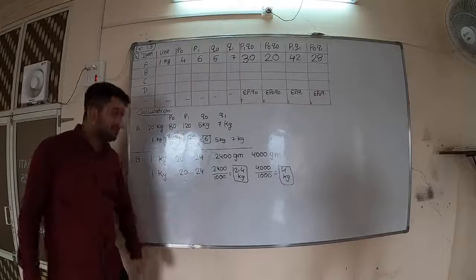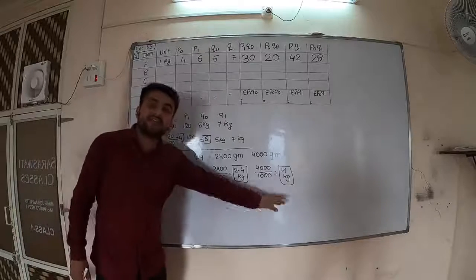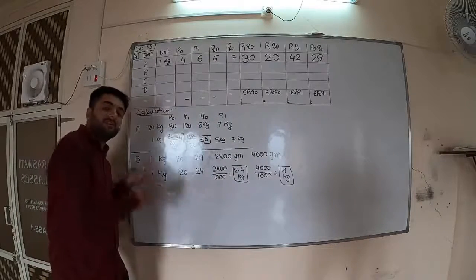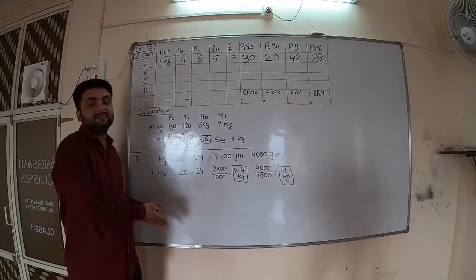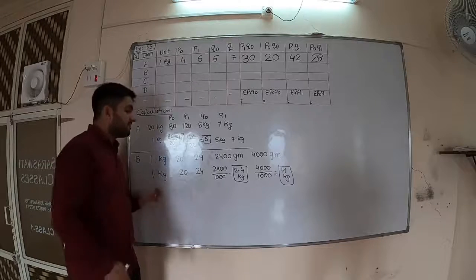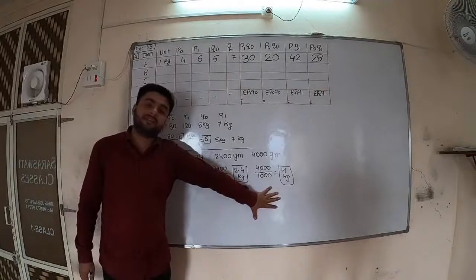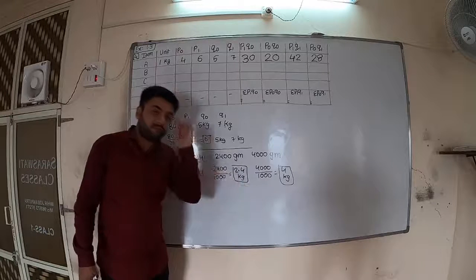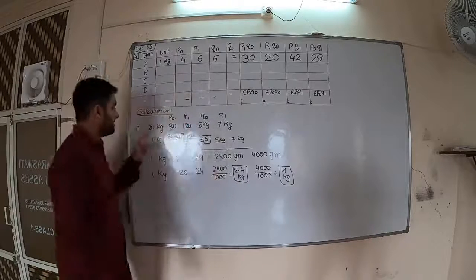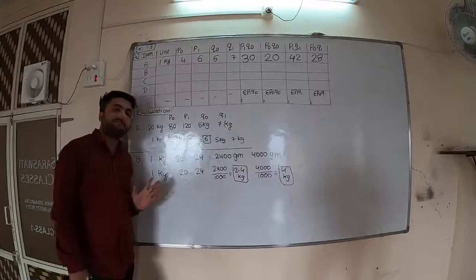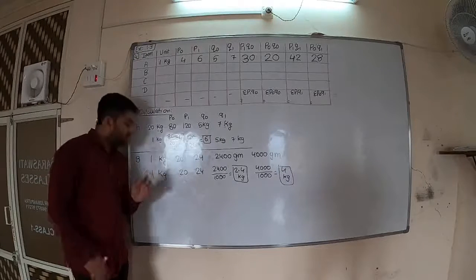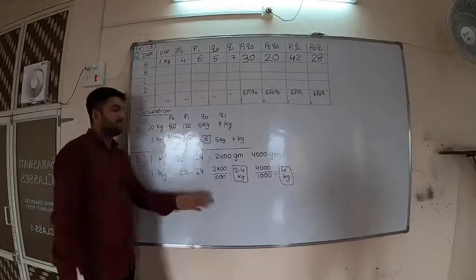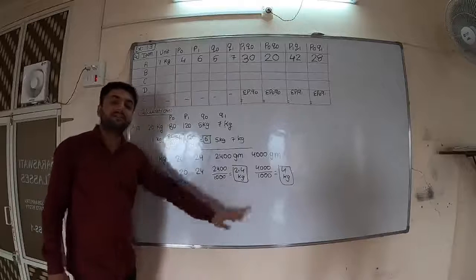Now horizontally the units are same, kg, kg, kg, and the second step, unit must be equal to 1, is already satisfied. So what simple logic you will remember: if the unit is 1 here, then convert the quantities.